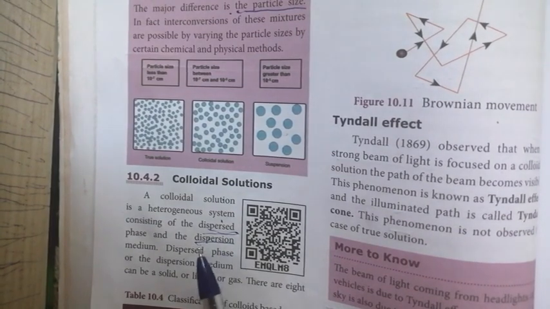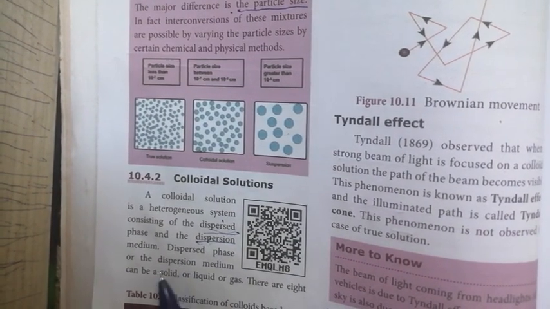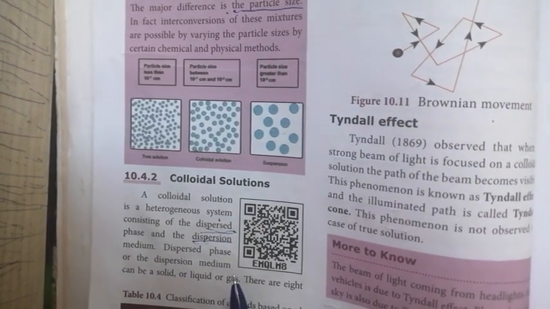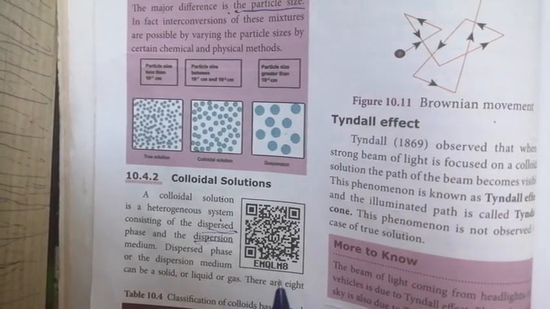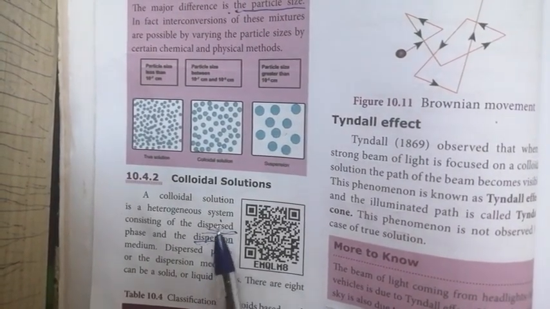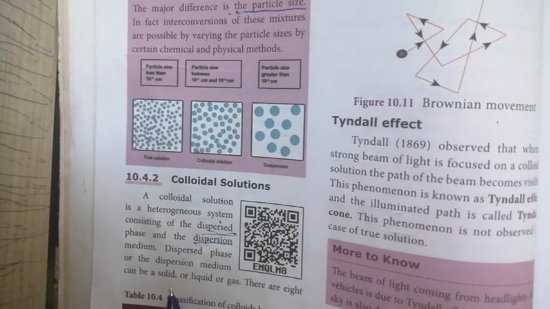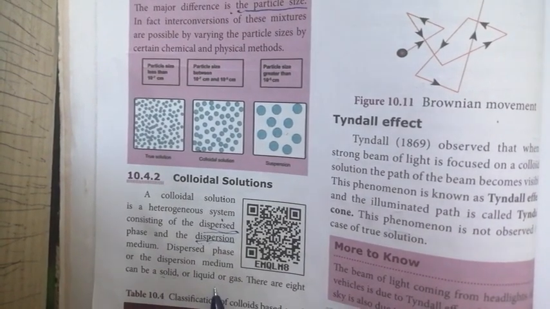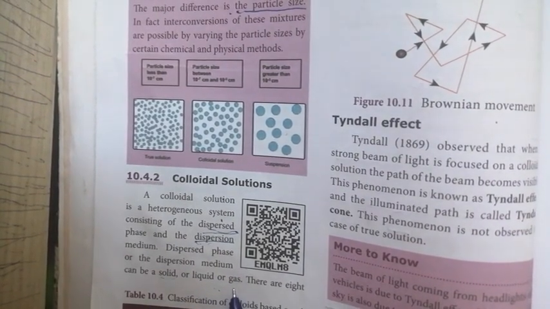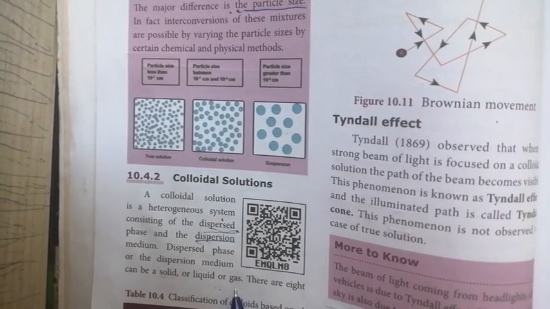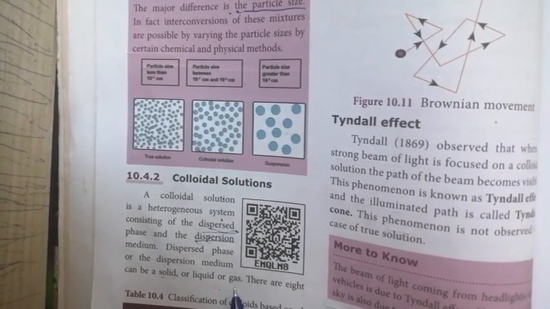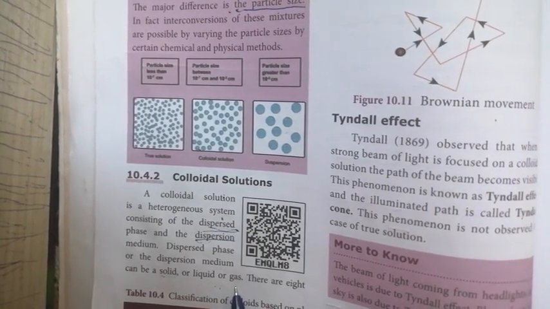So based on these things, there are 8 different combinations. Okay, dispersed phase and dispersion medium may be in solid or liquid or gas based on their physical nature. Okay, so here we are going to study the 8 possible combinations.